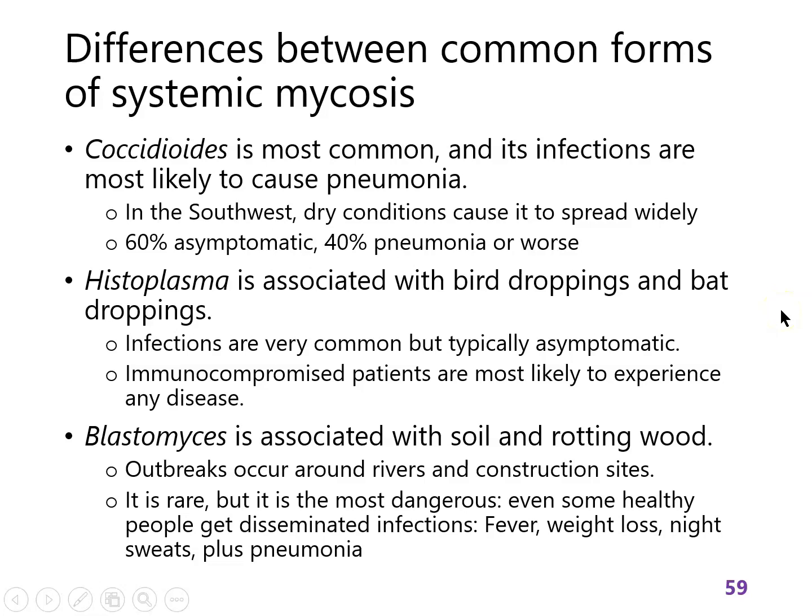The one that is the hardest to treat and the most damaging is blastomyces. It is the most dangerous of these three. It's also the most rare. So this would be associated with soil, rotting wood, and there are outbreaks of this in some cases where it's just growing a lot in the environment. So for some reason, this is common in Wisconsin, and there have been outbreaks among people who are doing recreation in a river.